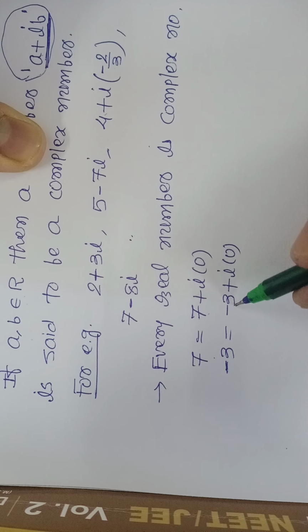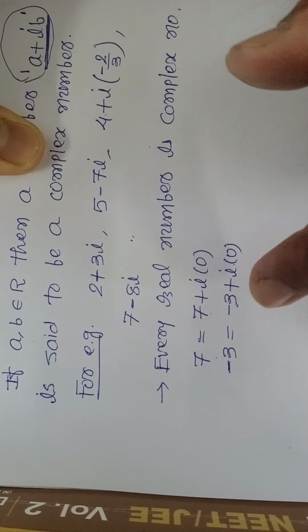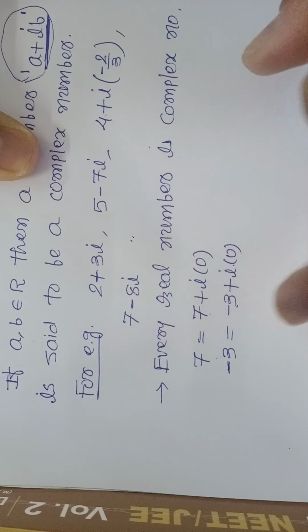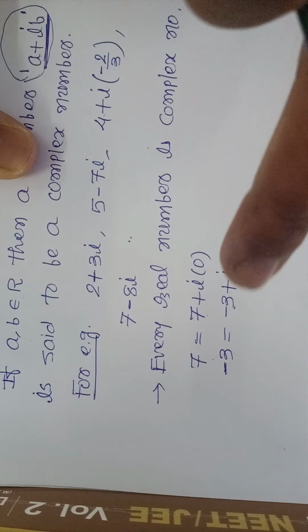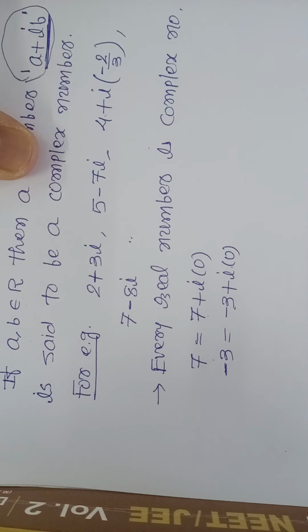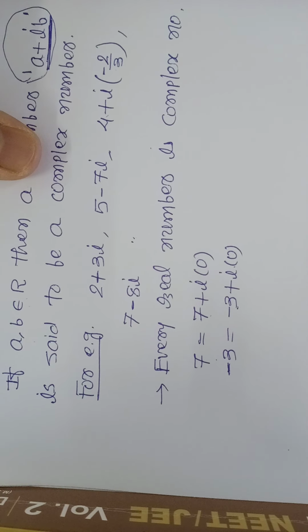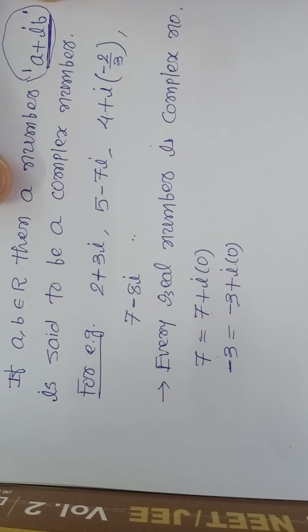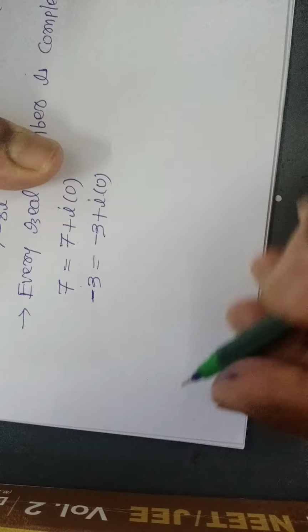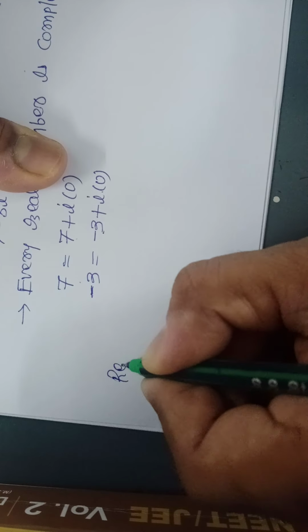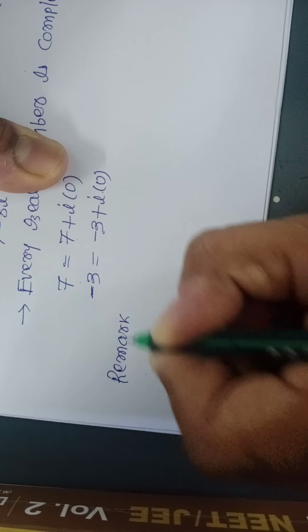But now it can be expressed as a plus ib. So each and every number which can be expressed as a plus ib is known as a complex number. Now a complex number itself is denoted as small z. Remember that. So I will write one remark.